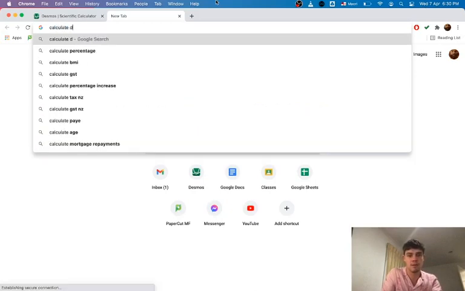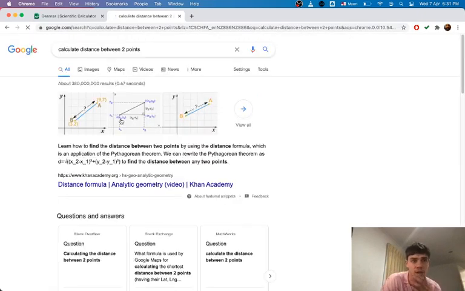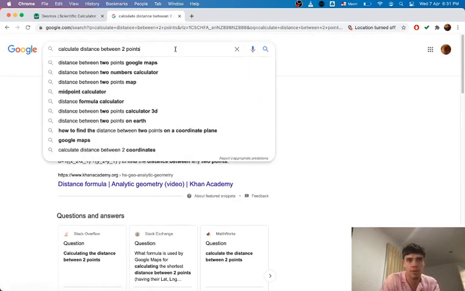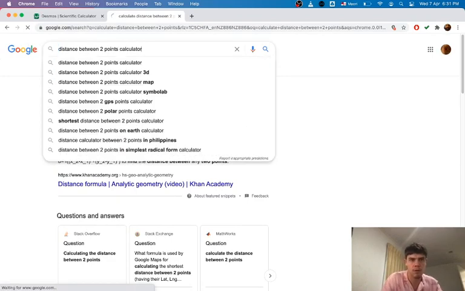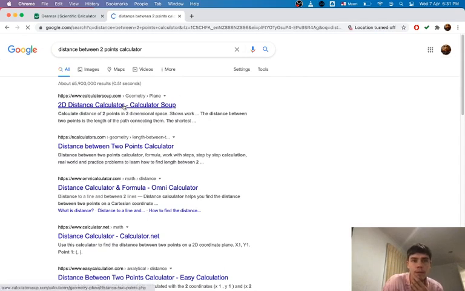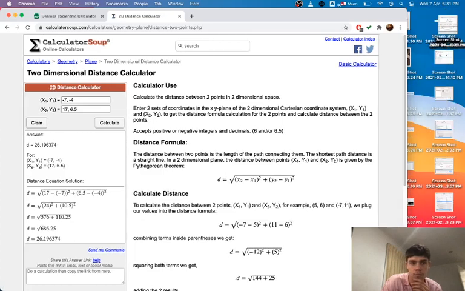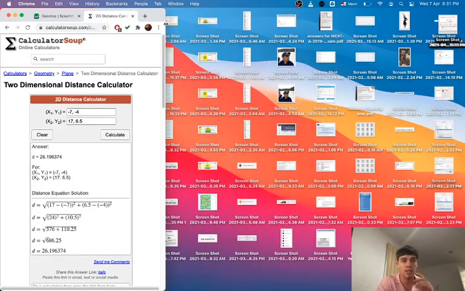Calculate distance between 2 points. I mean, you guys have seen how to do this. 2D distance calculator. That's what I'm talking about.